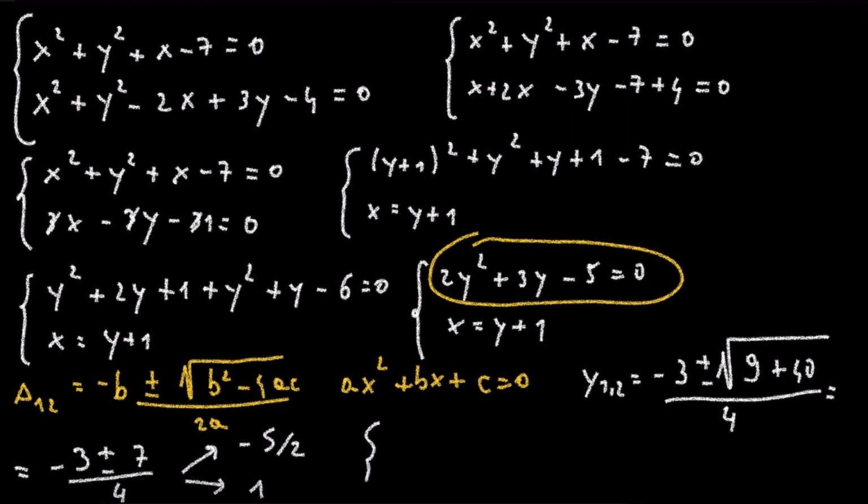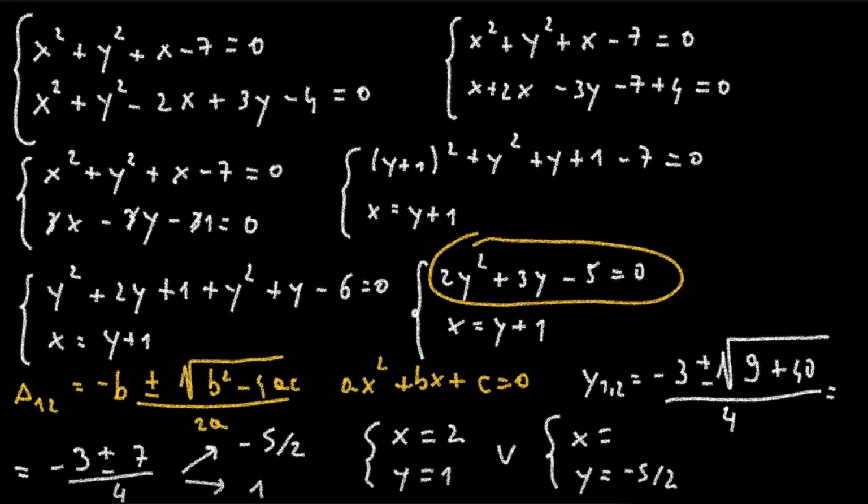Okay, so the final solution of the system will be: for y equals 1, x will be 2, and the second solution is for y equals minus 5 over 2, x equals minus 3 over 2.